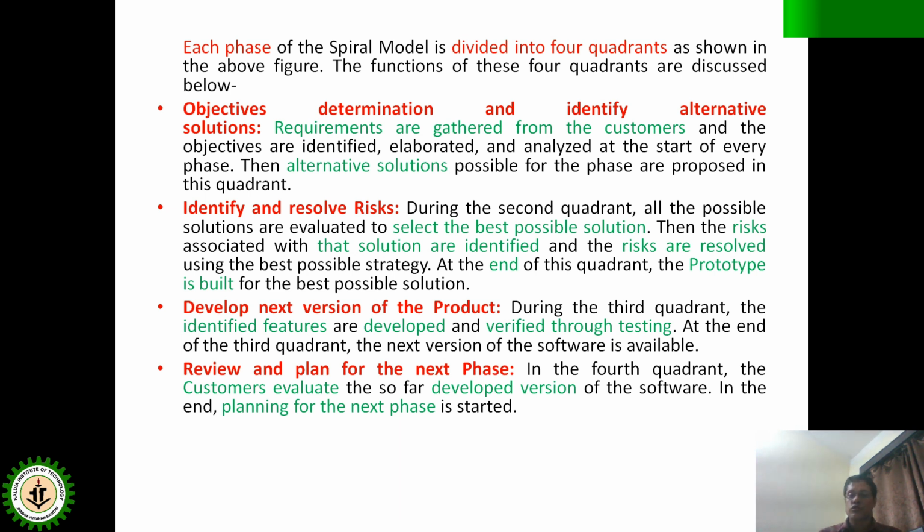And in the fourth quadrant we go for the customer evaluation. We show the software to the clients, and they give feedback by using the software, pointing out the loopholes of the software.